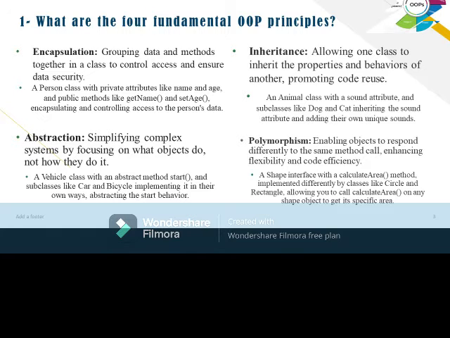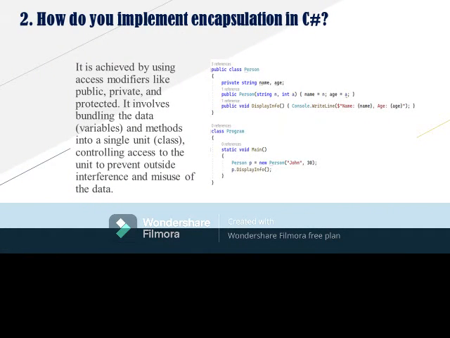Okay, and Babar, can you tell me how do you implement encapsulation in C Sharp? Yeah, basically encapsulation in C Sharp is achieved by using access modifiers like public, private, and protected. It involves bundling the data, variables, and methods into a single unit of class, controlling access to the unit to prevent outside interference and misuse of the data.